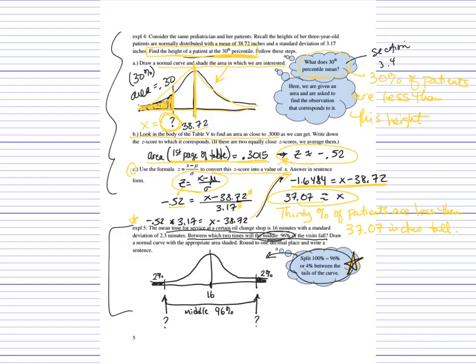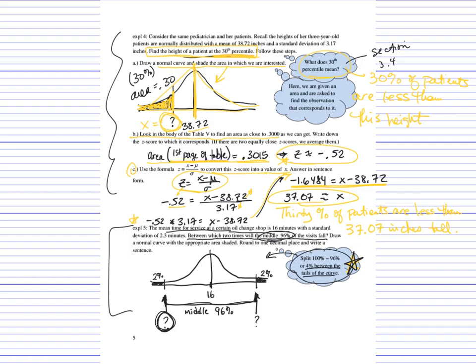that means that 4%, or 100 minus 96%, is going to be in the tails of the curve. So the whole thing, again, remember, is 100%. If there's a middle 96% that we're marking from here to here, then that leaves 2% in each tail. And so, how do I find this leftmost point here, my question mark?